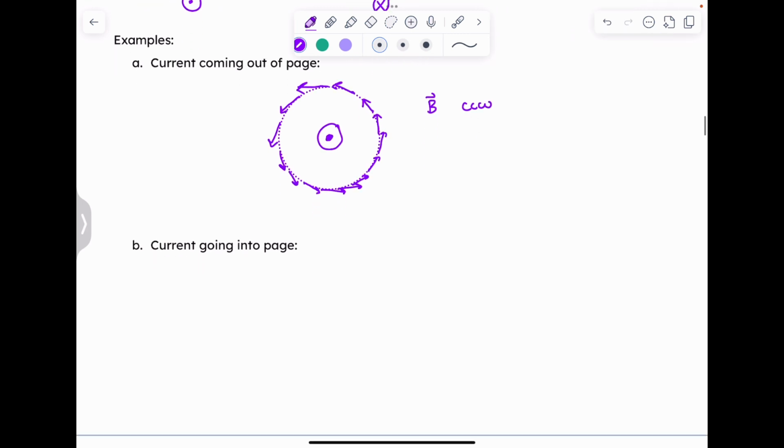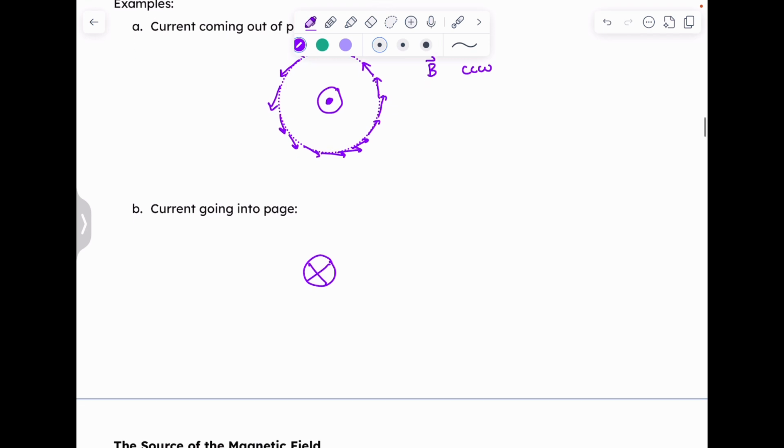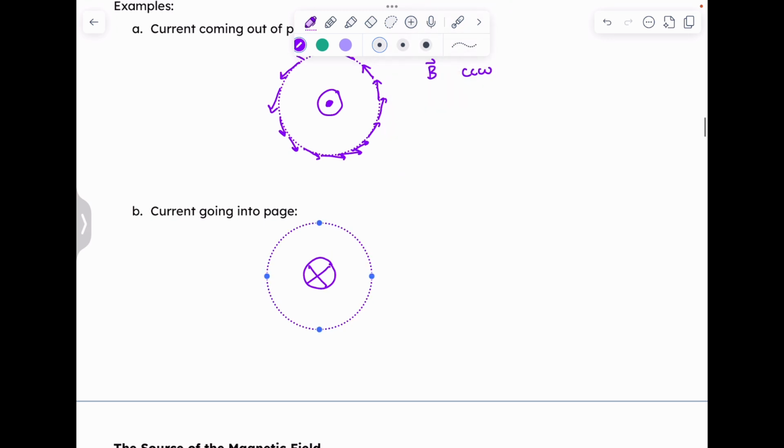If I look at a current going into the page, I take my thumb and point it down into my paper, and then my fingers are going to curl around clockwise. So then my B is going to be like this.